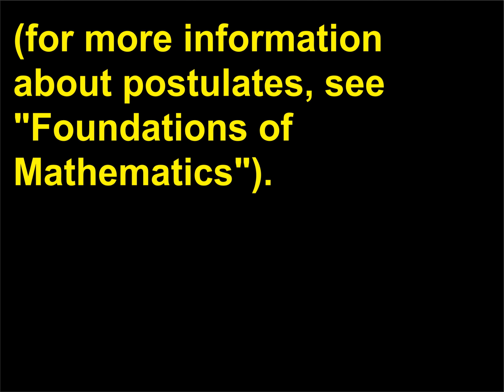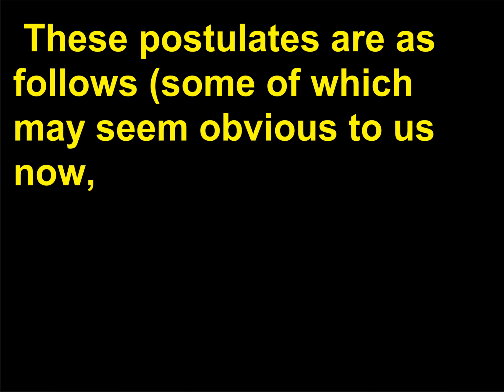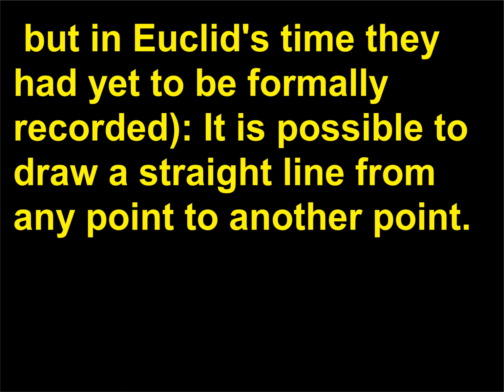For more information about postulates, see Foundations of Mathematics. Along with definitions, Euclid began his text Elements with 5 postulates. These postulates are as follows, some of which may seem obvious to us now. But in Euclid's time they had yet to be formally recorded.